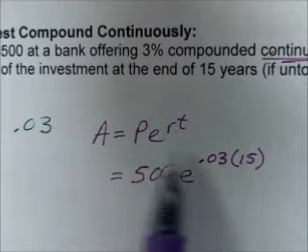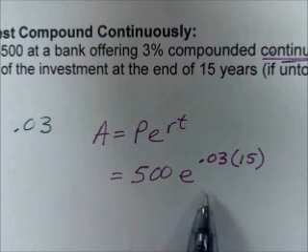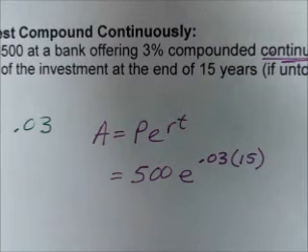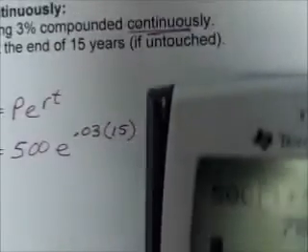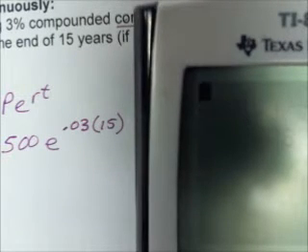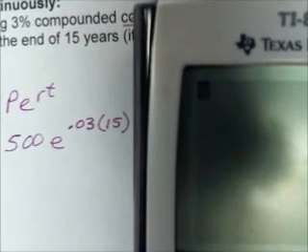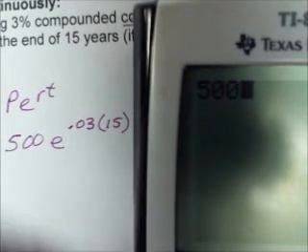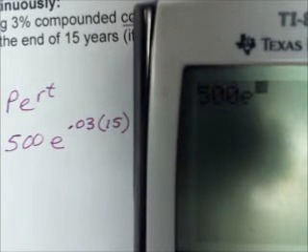And again, I would go to the calculator and key it in just like this. 500, e, second, e to the x, 0.03 times 15.